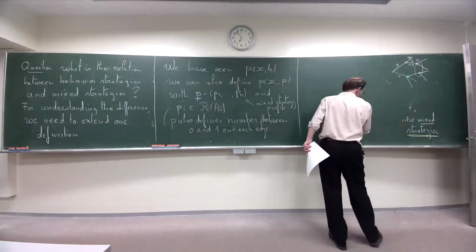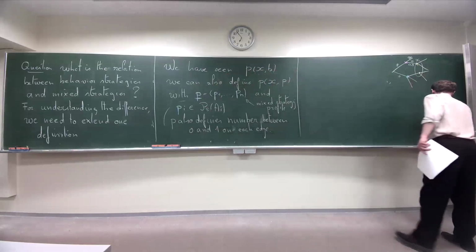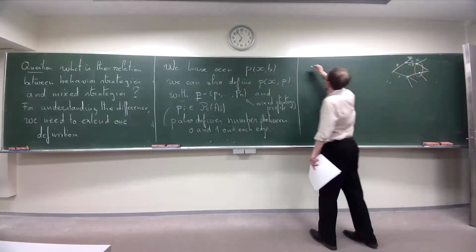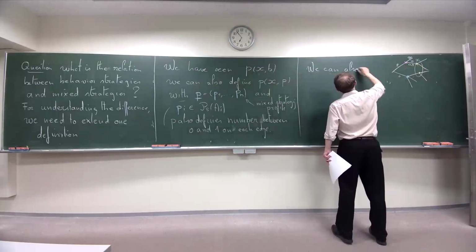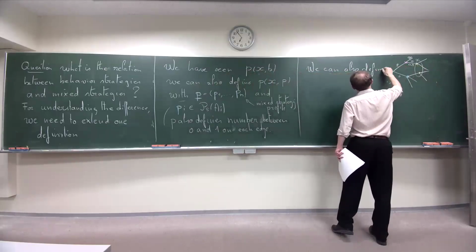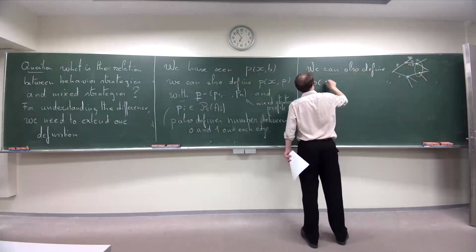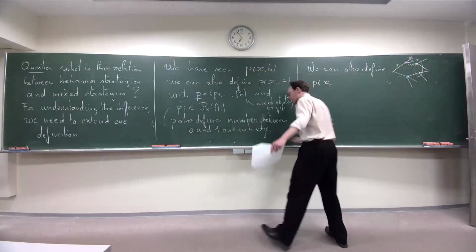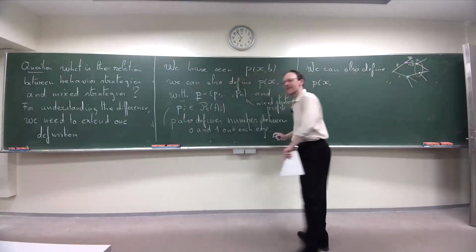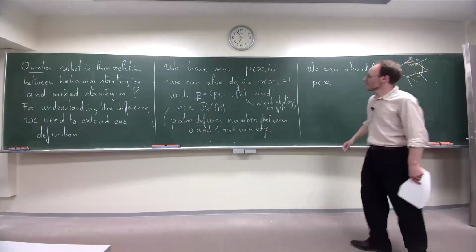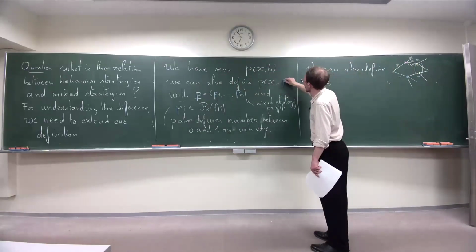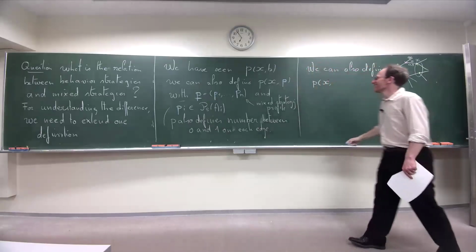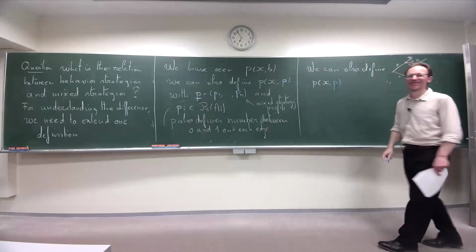So it means I will use this notation for two things. Because at the end of the day, you do the same thing with two slightly different approaches. So we can also define P of X and now P. The second one is blue. Thank you. And I write it again.